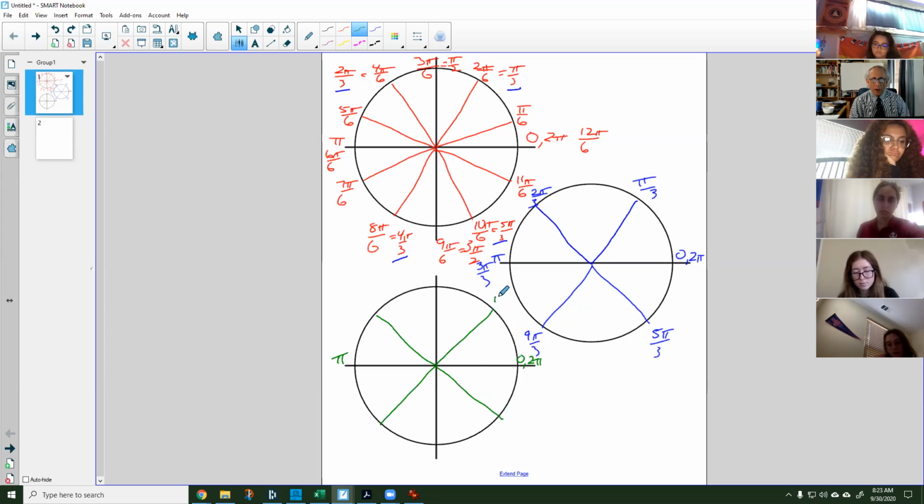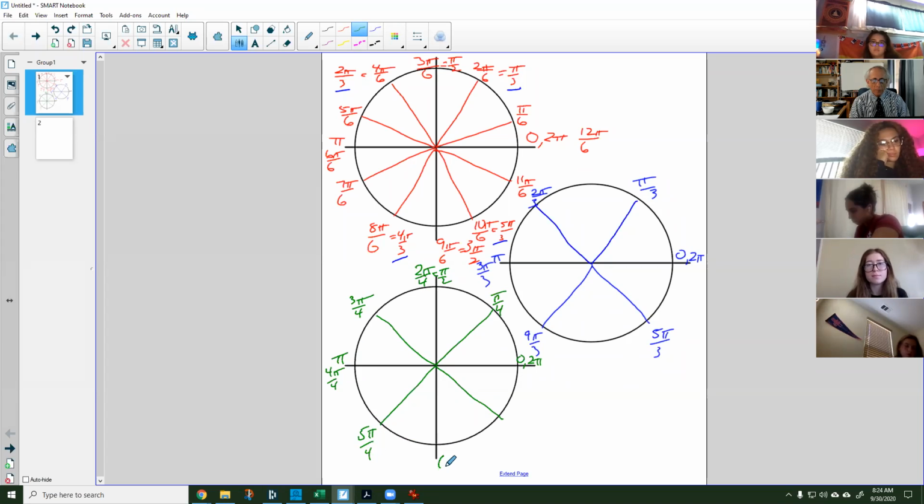And I have pi over 4, 2 pi over 4, which is the same thing as pi over 2, 3 pi over 4, 4 pi over 4, which is the same thing as pi, 5 pi over 4, 6 pi over 4, which is the same as 3 pi over 2, and then 7 pi over 4, and then 2 pi is the same thing as 8 pi over 4. Is everybody okay with that?